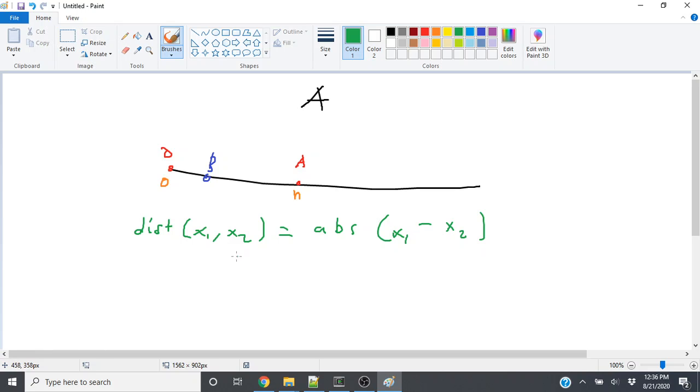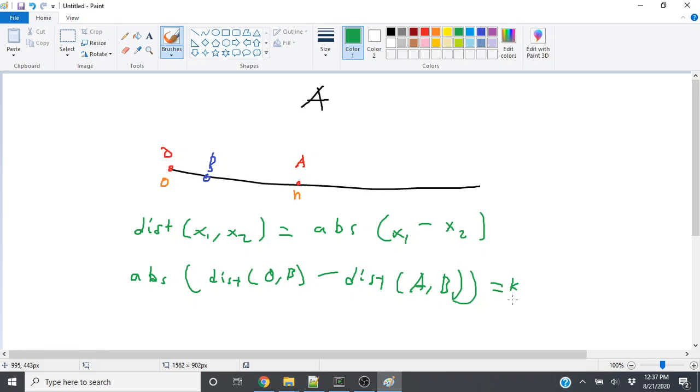That's fine. Then we want to make it so the absolute value of dist(0, B) minus dist(A, B) is exactly equal to k.